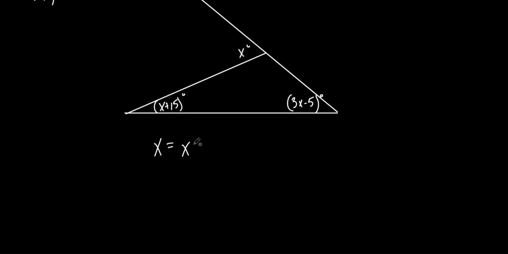So I would just go x plus 15 plus 3x minus 5. And then do your stuff, right? Subtract, blah, blah, blah. This comes out to a fraction, so it's not going to be these numbers. I just came up with those off the top of my head. But you do some work, right? Squiggle, squiggle.